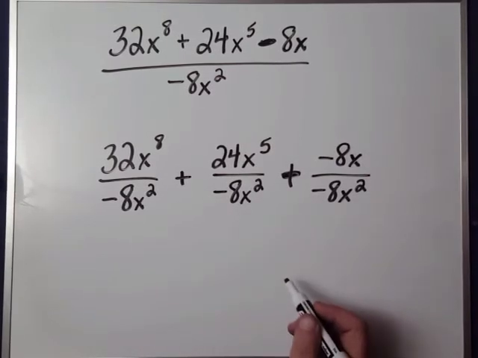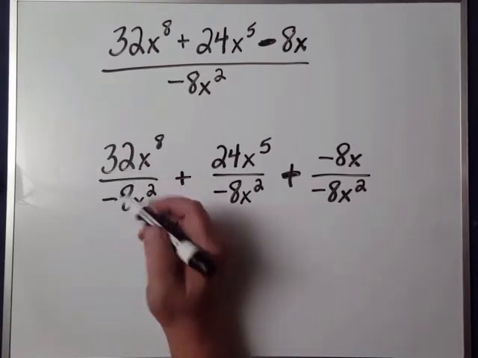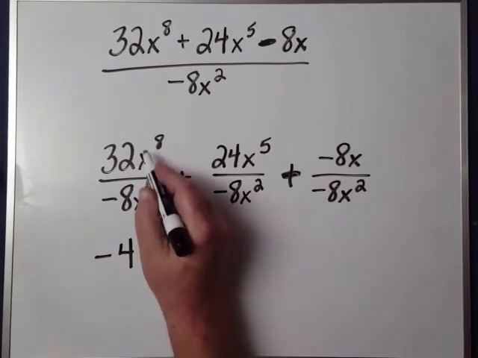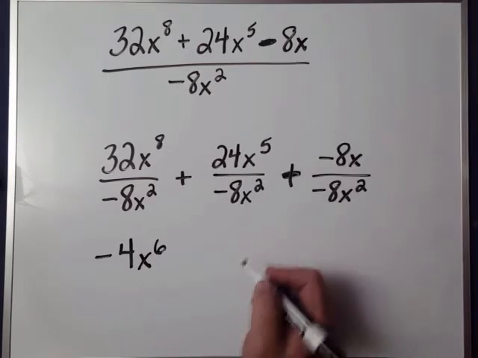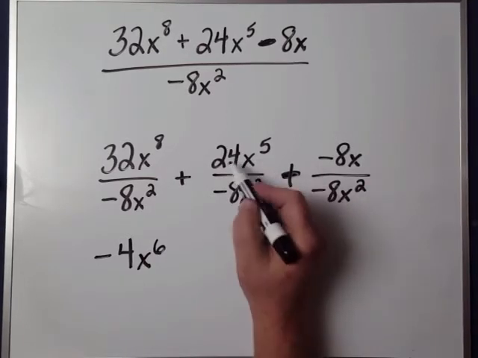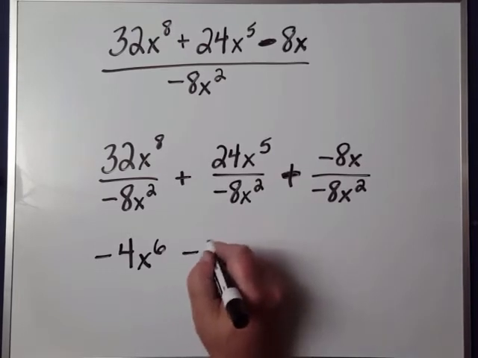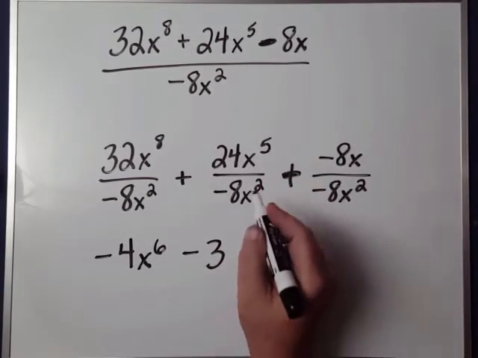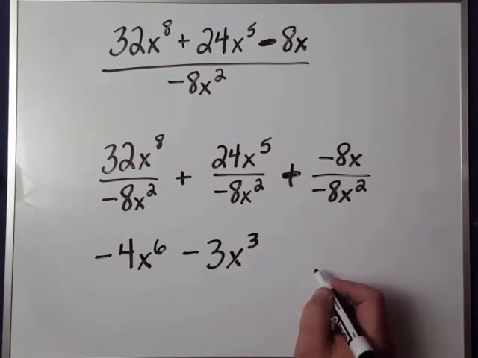Now let's simplify each of these three terms. My first term, 32 divided by negative 8 is negative 4. X to the 8th over x squared leaves x to the 6th. 24 divided by negative 8 will give me minus 3. X to the 5th over x squared will leave 3 factors of x in that numerator.